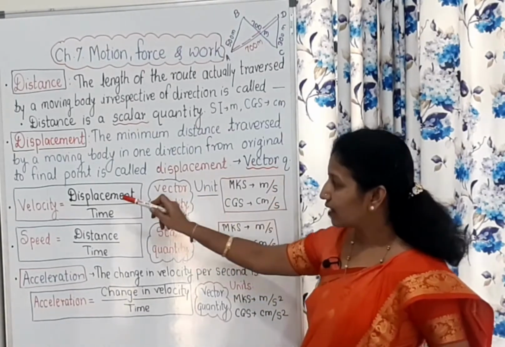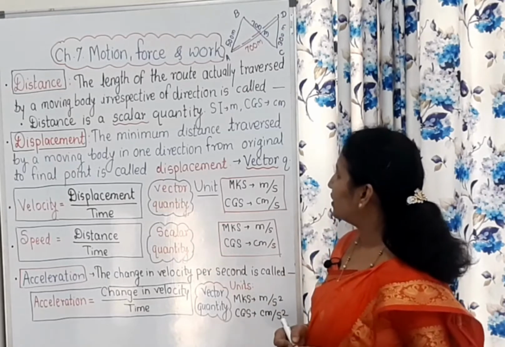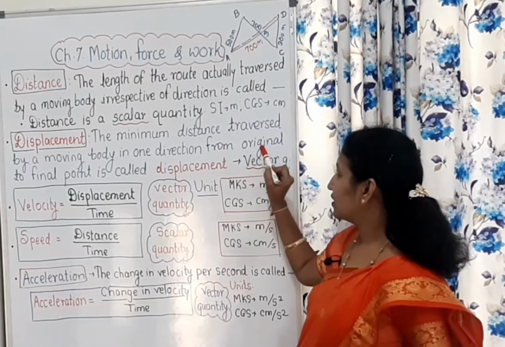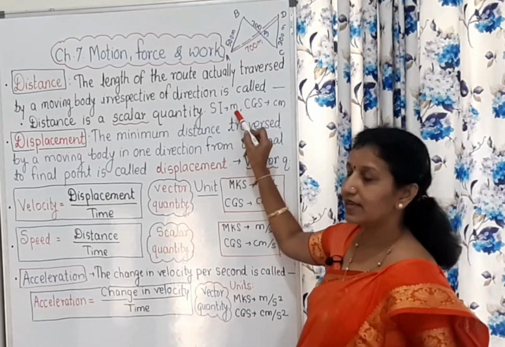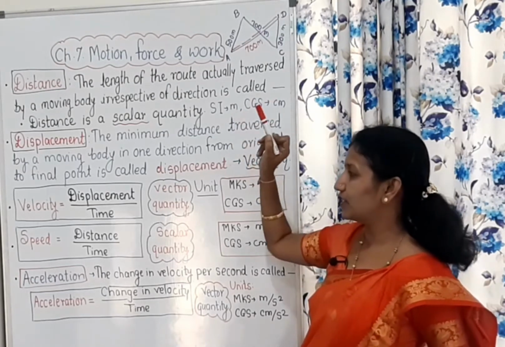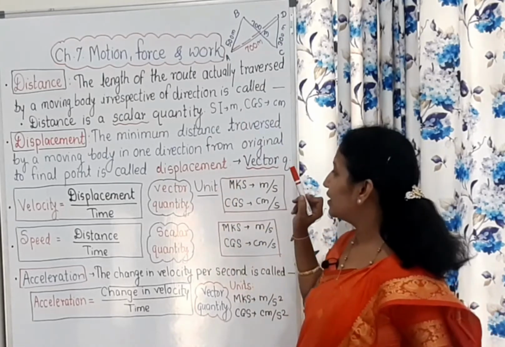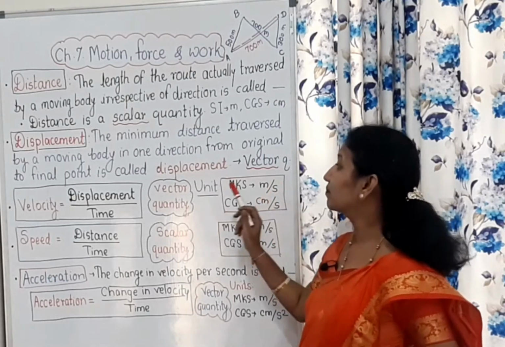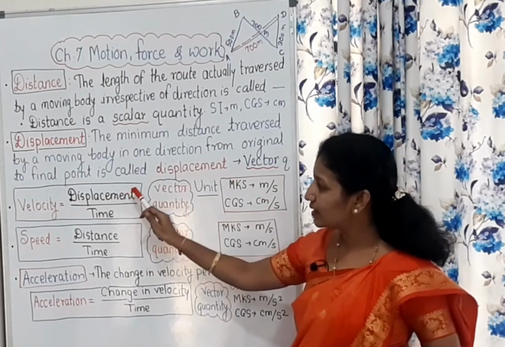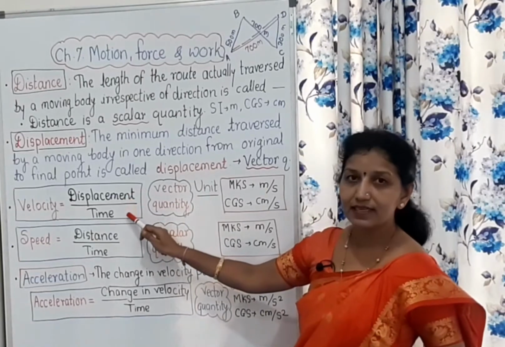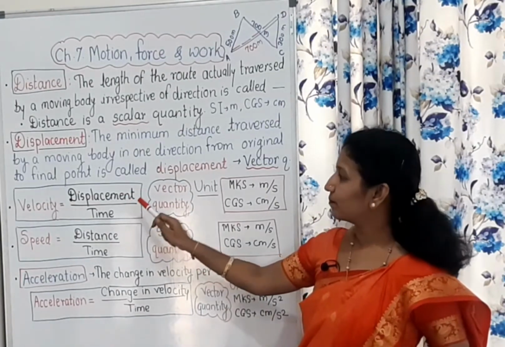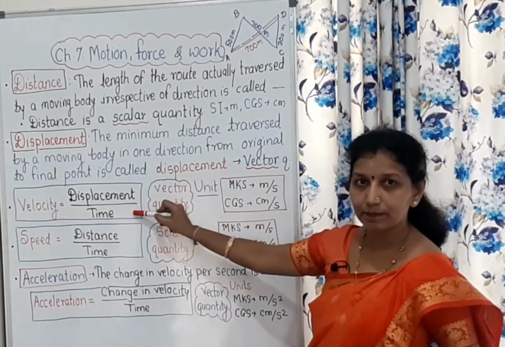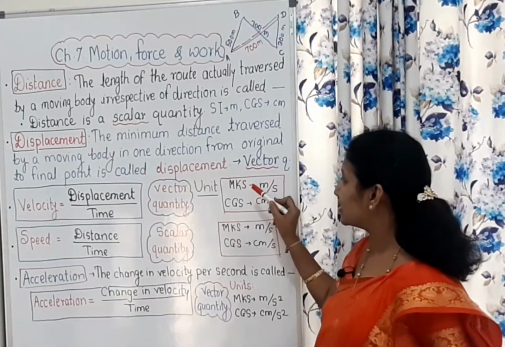What is the unit of displacement? Meter in the MKS system, and centimeter in the CGS system. Displacement is in meters and time is in seconds, that's why meter per second is the unit of velocity in the MKS or SI system.